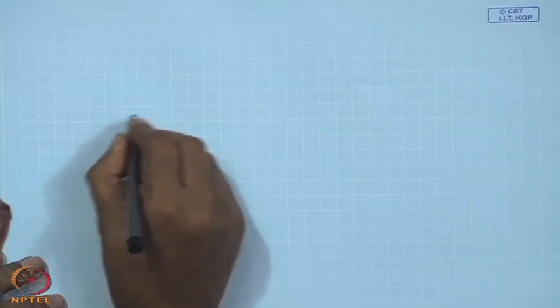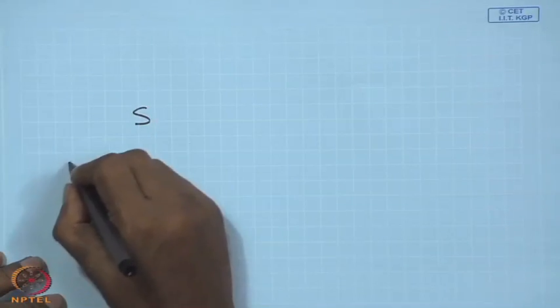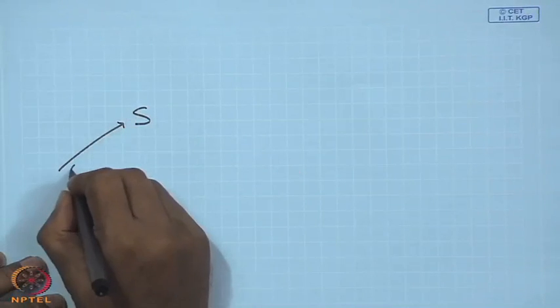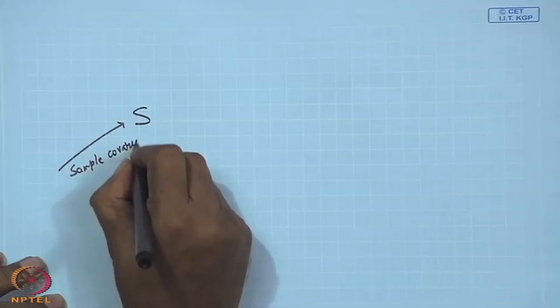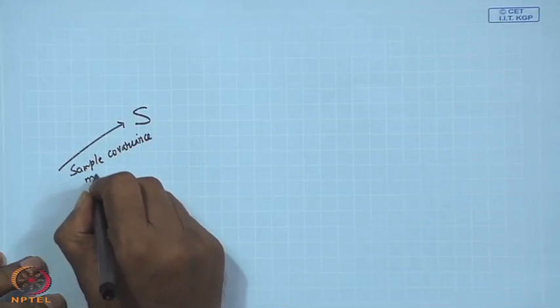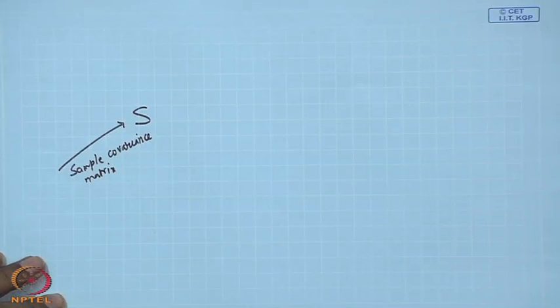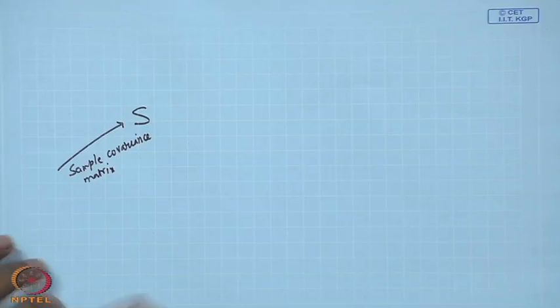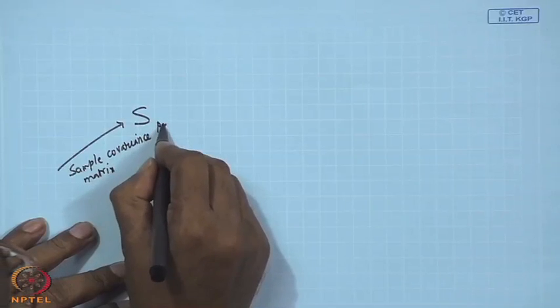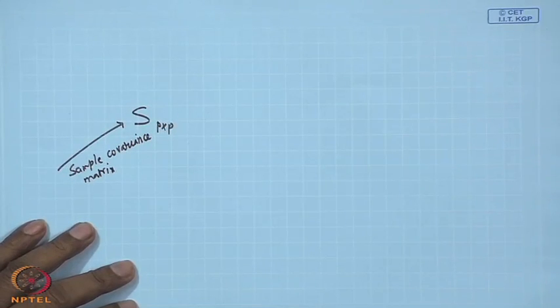Now, come to the sample part. In the sample case we will denote the sample covariance matrix as S. This will also be a p cross p matrix.